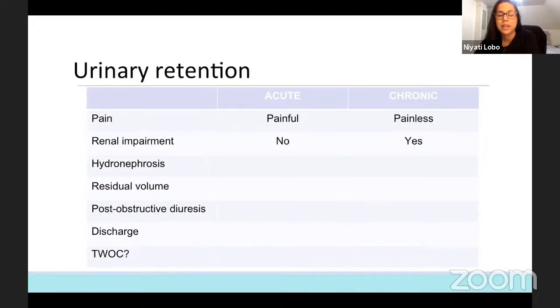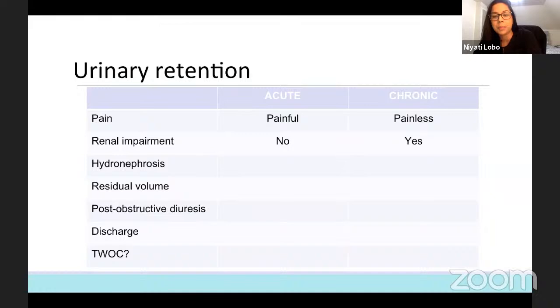Renal impairment. Patients with acute retention will have normal renal function. Patients with chronic retention often have renal impairment, and the reason for that is as your bladder becomes full of urine, you then get backfilling of your ureters with urine, and that goes all the way up to your kidneys. You get hydronephrosis, and that causes kidney impairment.